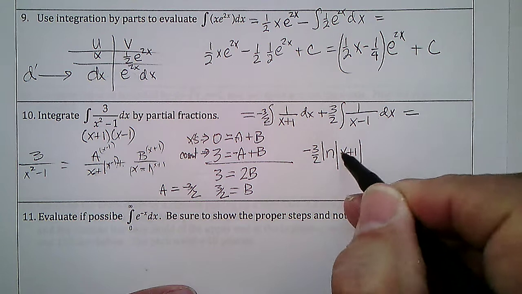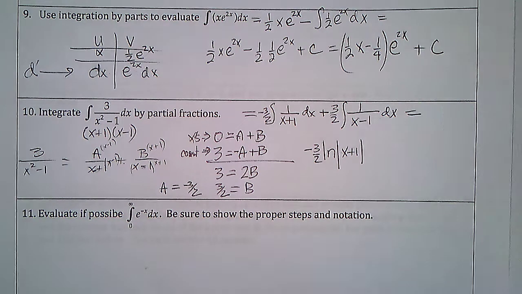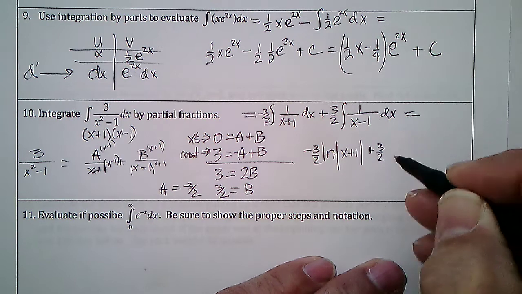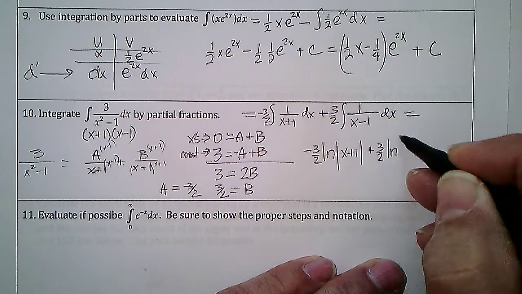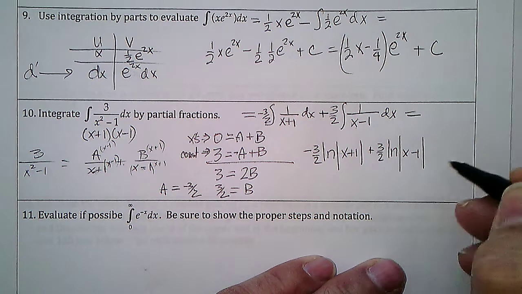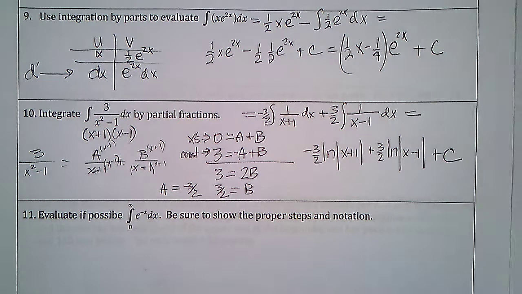And there's no number in front here, so we don't have to divide by anything. And then plus 3/2 ln of x minus 1 plus c.